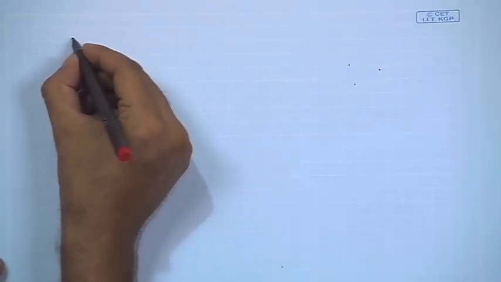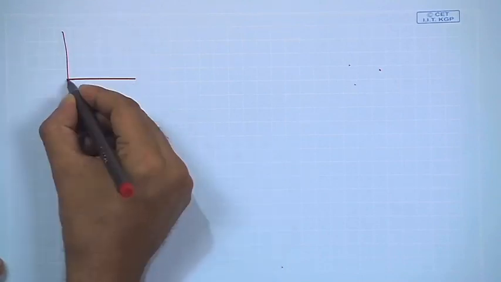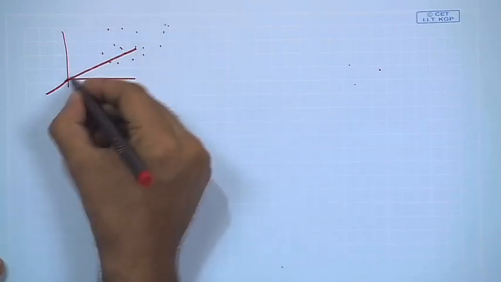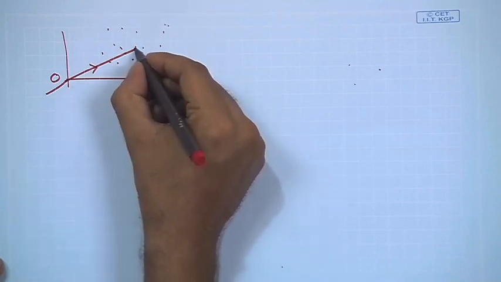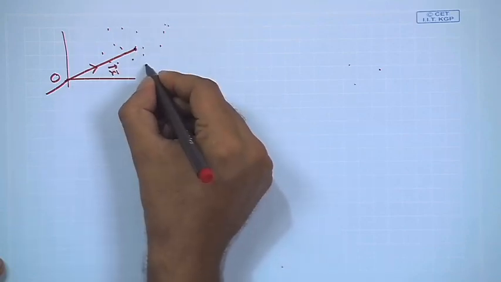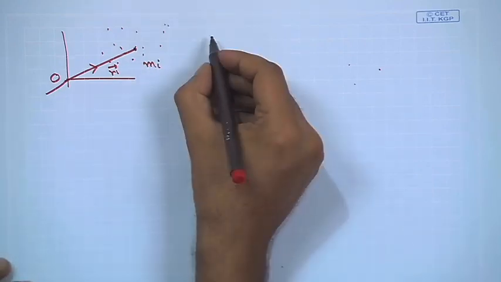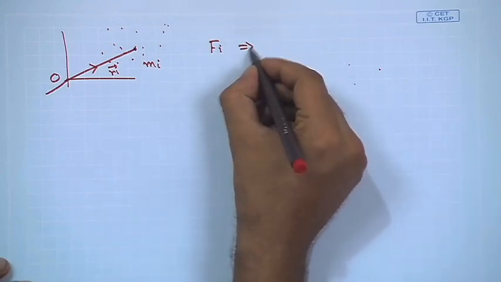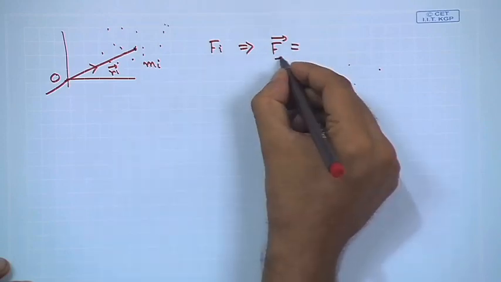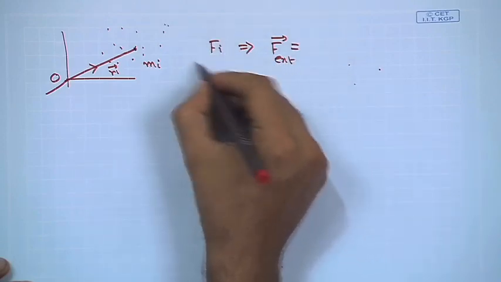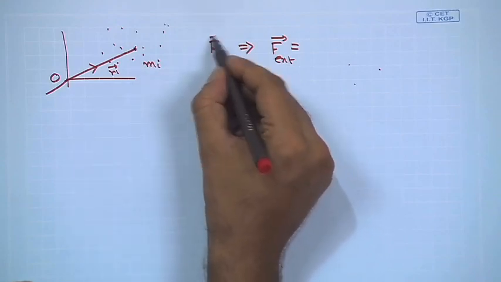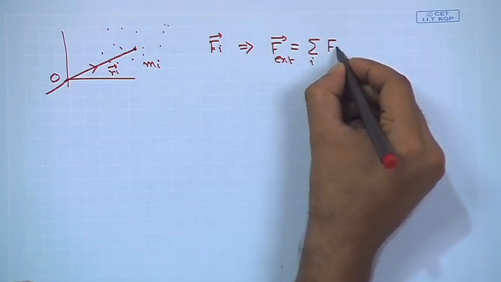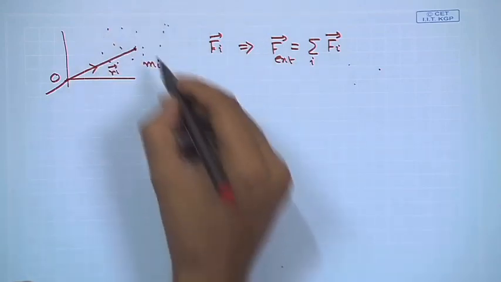We will see a system of particles, once again with some arbitrary origin O, where r I is the position vector of the ith particle of mass m I. Now, if there is a force F I acting on the ith particle, then the total external force F is the vector sum of all these forces acting on all the particles, right. Please remember F I is an external force acting on the ith particle.